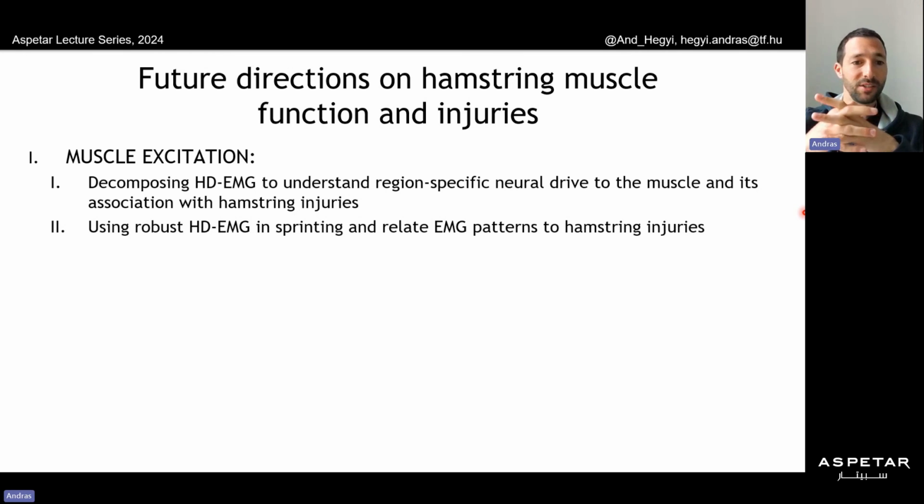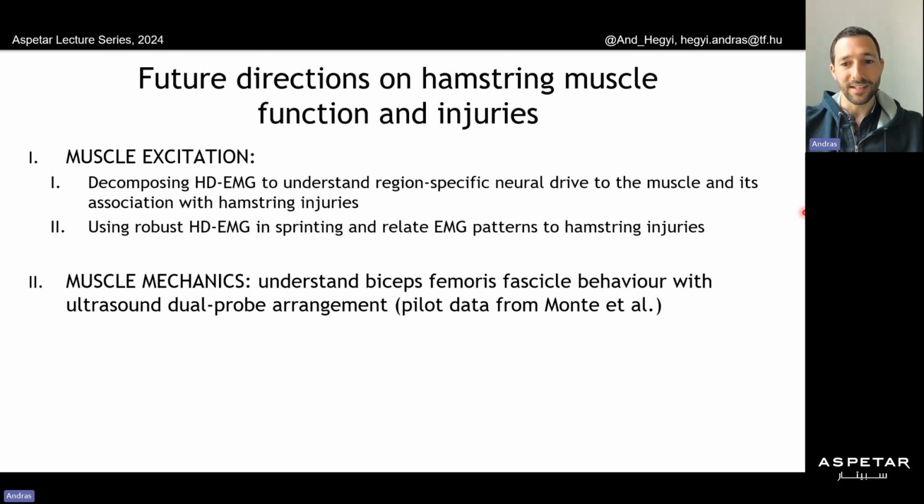And we continue using these robust high-density EMG systems in highly ecological movements, so in sprinting, and relate the EMG activity patterns to hamstring injuries, because most of the studies try to understand hamstring muscle function in healthy individuals, but there are very few studies where it's actually measured in relation to hamstring injuries.